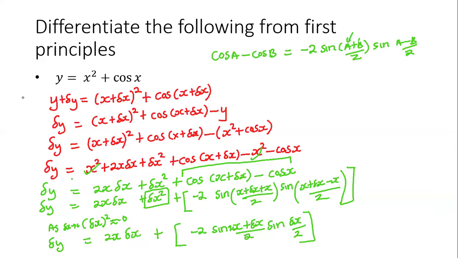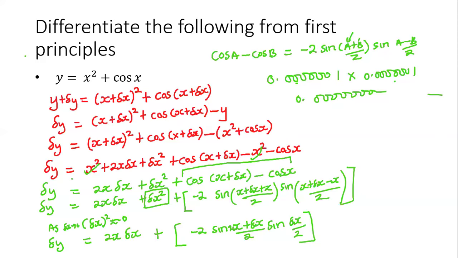Now, what happens? Delta x in simple terms is like a very small number. Is that fine? Yes, teacher. Now, when I have a very small number, let me say this times another small one and I multiply it two times, the answer I'm going to get is going to be very small, in fact smaller than the ones I multiplied.